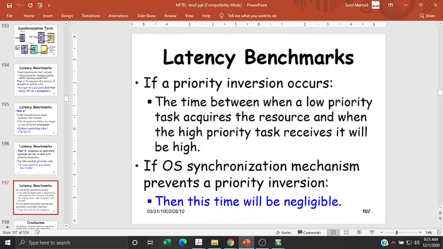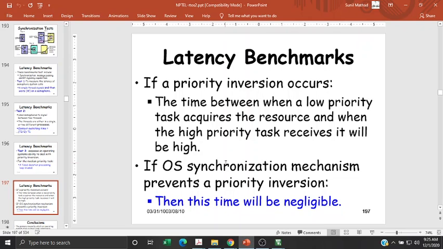The time between when a low priority task acquires a resource, so it has acquired it, and when a high priority task receives it will be high. If there is no resource locking, definitely the lower priority task has to be preempted and give it to the higher priority task.